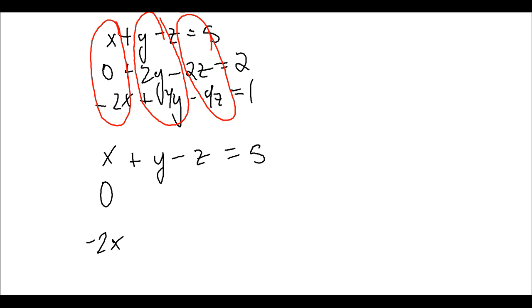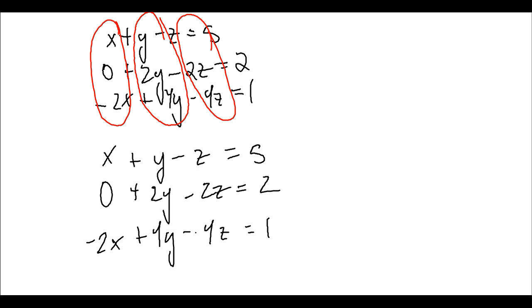So then I've got a 2y, I've got a 4y here, I've got this negative 2z, and minus 4z. And remember, this is now 2. Nothing changed from the third one. Now let's see, I want to get rid of this negative 2 here. So what I'm going to do is multiply the first row by 2.